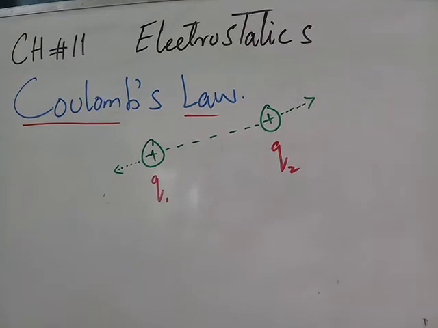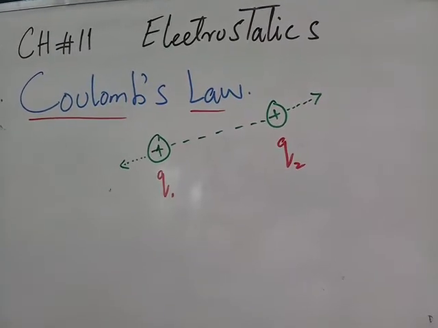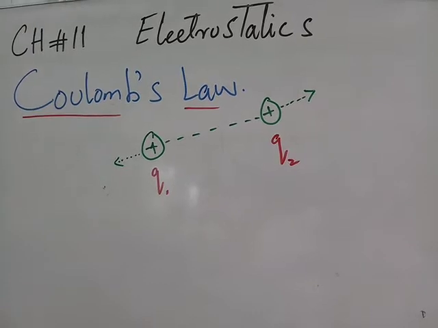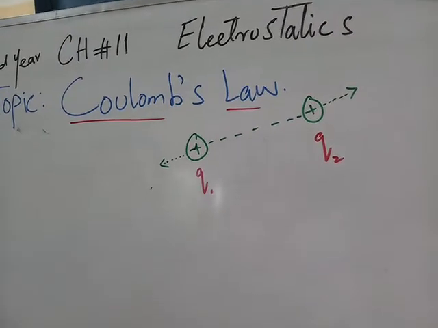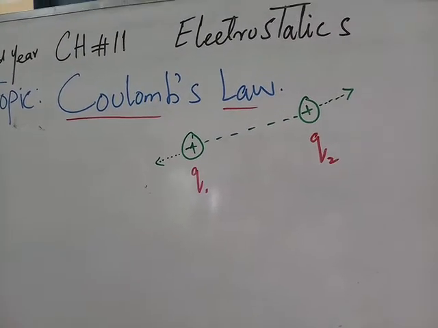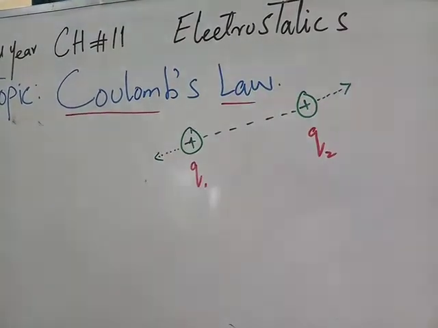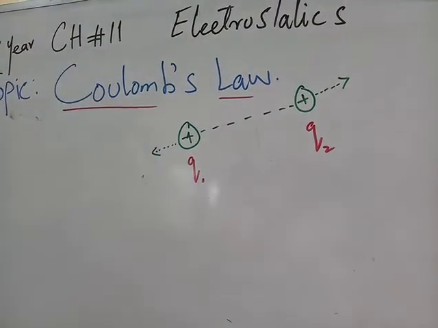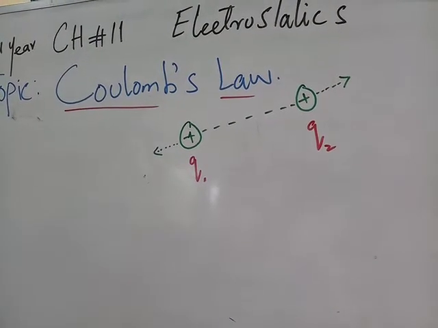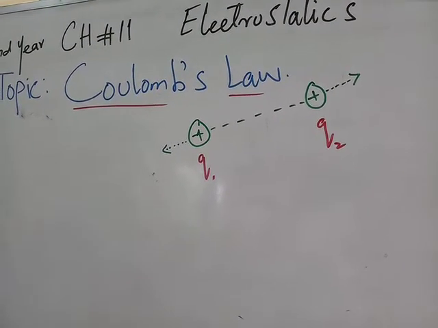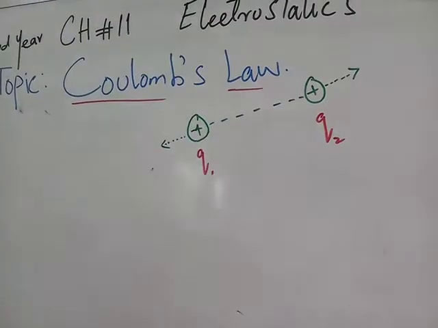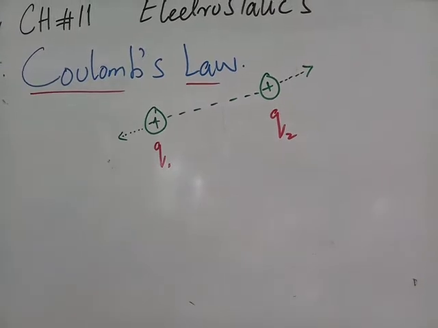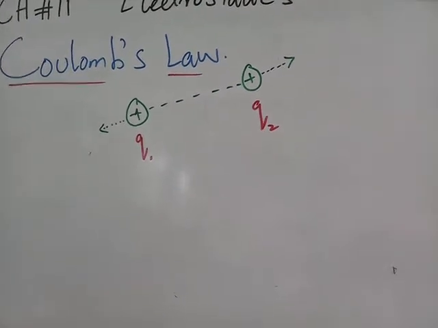Coulomb measured the force between two electric charges. This was the first discovery: like charges, positive and positive, repel each other, while positive and negative attract each other. So Coulomb first discovered the force between two charges, whether attractive or repulsive.